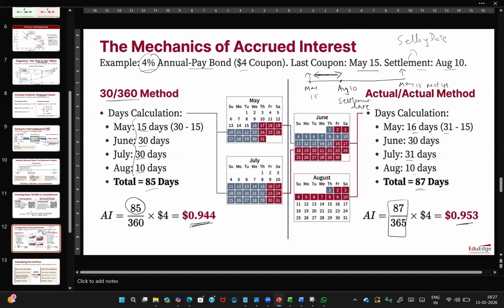So as you can see, accrued interest calculations will differ based on my method of calculating the interest, whether it's 30 by 360 convention or actual by actual. There's a slight variation, not much, depending on the market convention. So this is the market convention for accrued interest calculations, and how you distinguish 30 by 360 versus actual by actual.